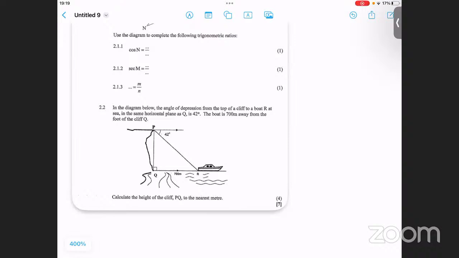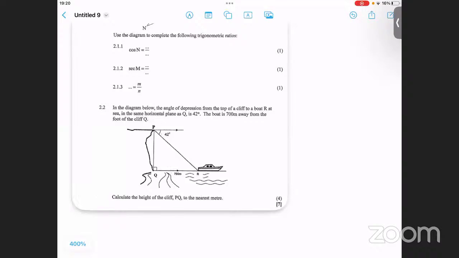So we are now on 2.2. I'll be waiting for IV to just confirm for me on that one. Otherwise, if you've got some questions, let me know.